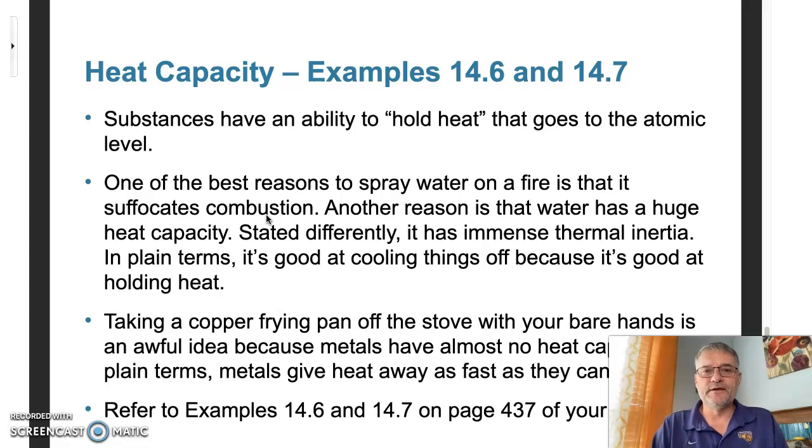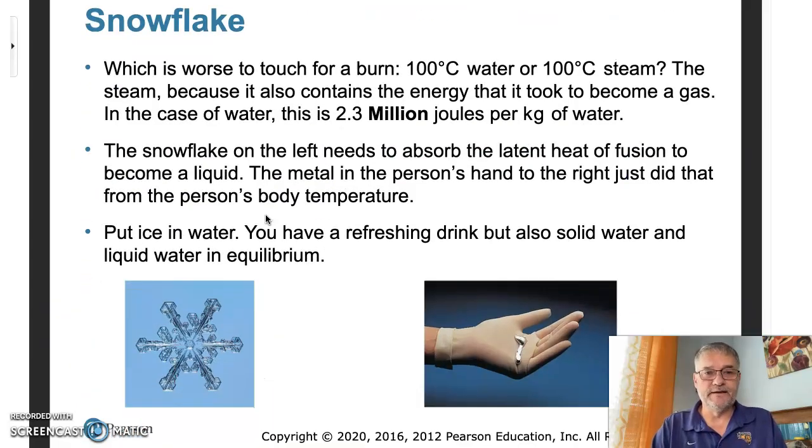And so if something is hard for it to change temperature, it has a high specific heat. For example, if you cook a baked potato and you pull it out of the oven, it will sit there for a long time and hold its heat, its energy, because it's mostly water, and water has a high specific heat, high heat capacity. Therefore, it will maintain its heat.